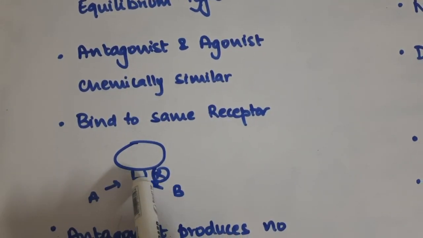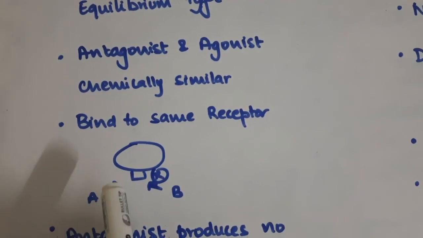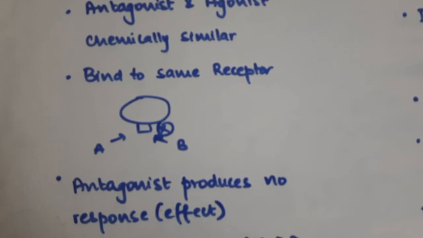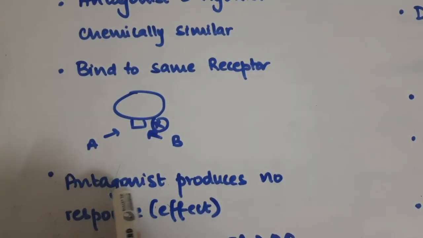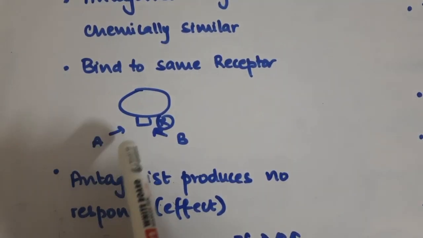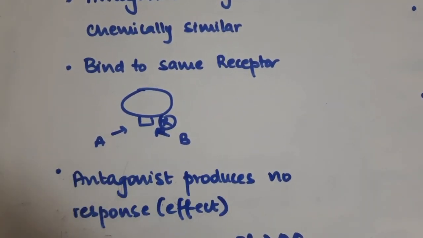A and B will both compete for the same receptor. They want to bind to the same receptor. And if the antagonist ends up binding to the receptor, it will produce no response. And the action of A is also inhibited. So at the end of the day, it will produce no response at all.